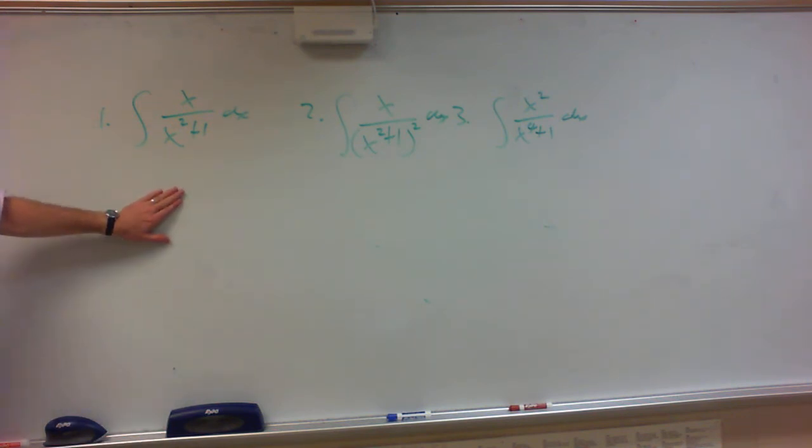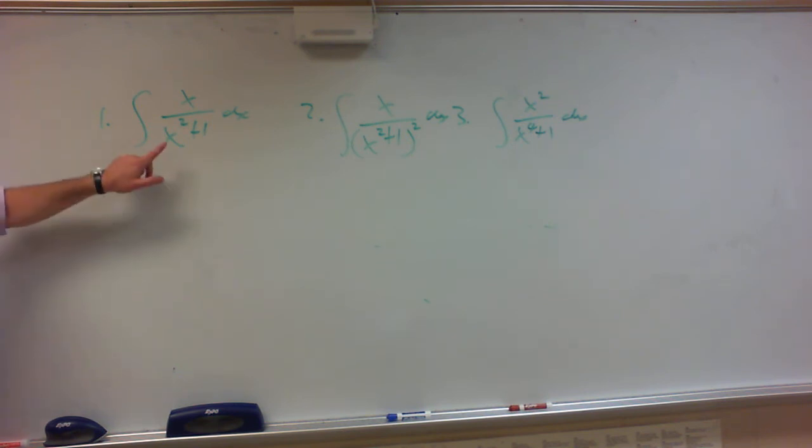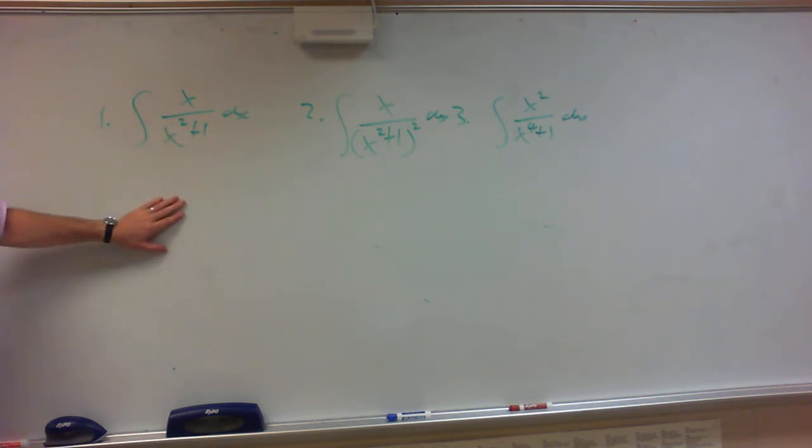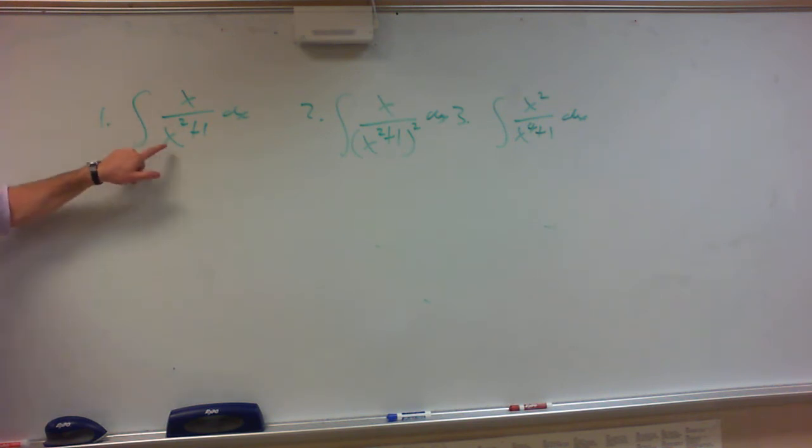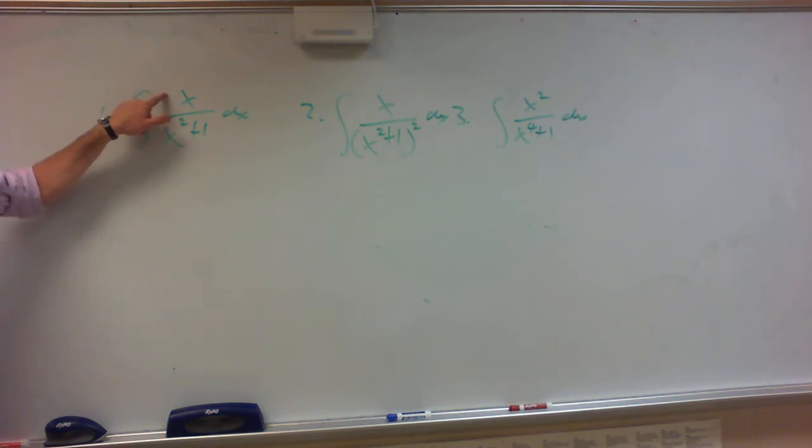Let's talk about them. What's your guess here? Arctangent. Is the derivative of the bottom sitting on top? Yeah. I'm going to ask that again. Is the derivative of the bottom sitting on top? No. Yeah, it is. Derivative of this is 2x. There's an x, right? Oh, okay. Can everybody see the derivative of the bottom sitting on top?